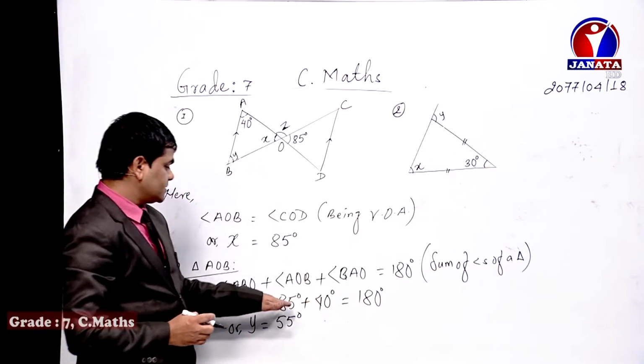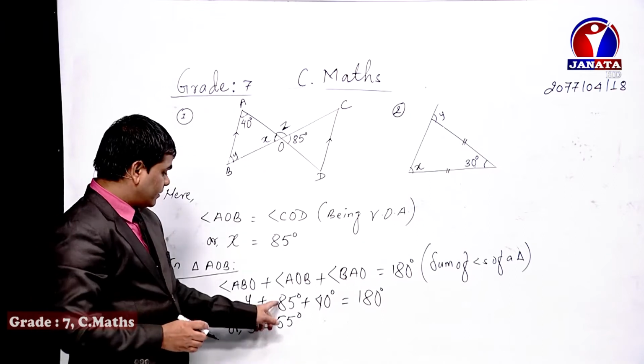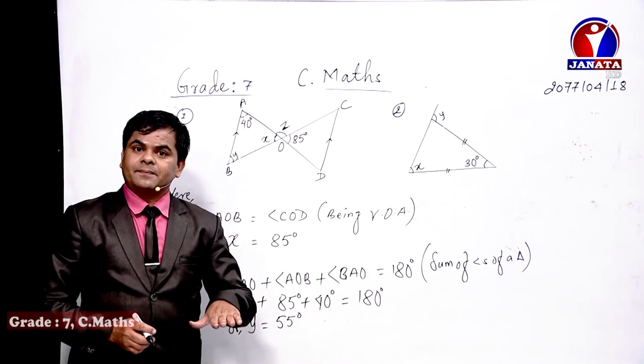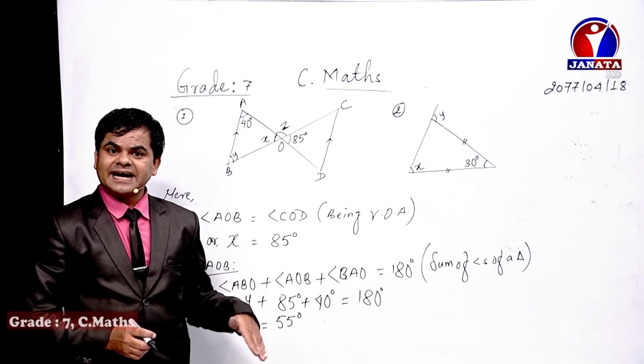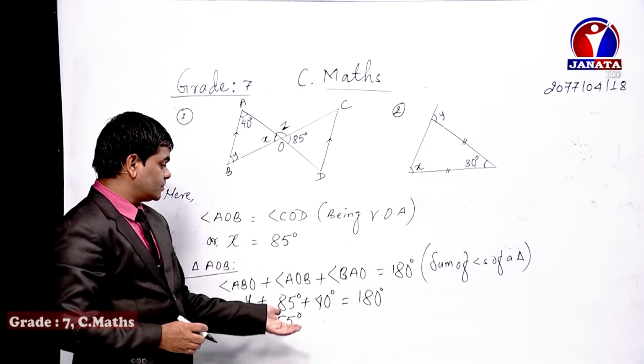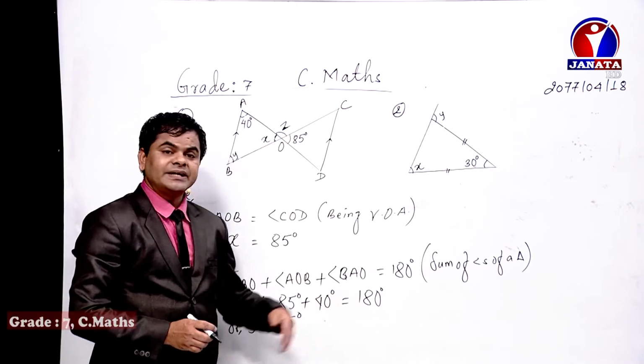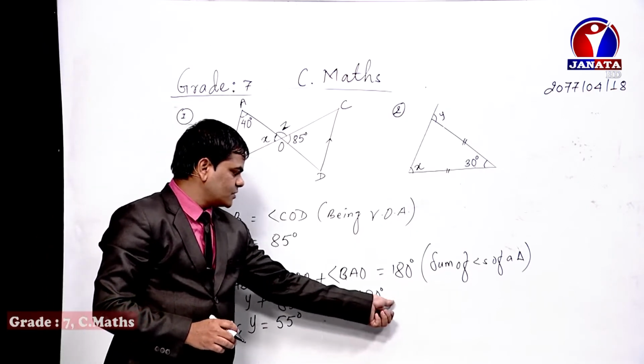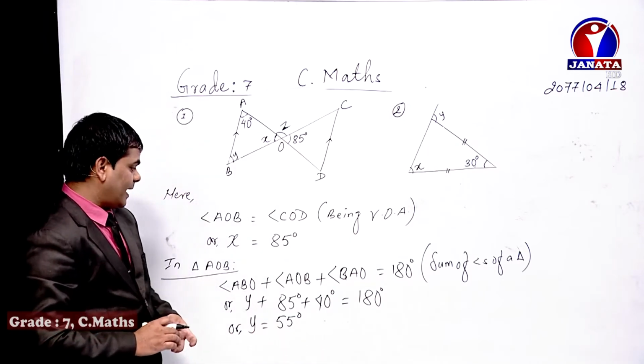When we take a term from the right-hand side to the left-hand side, or change its position, we need to change the sign as well. So it will be 180 minus 125, which equals 55 degrees.